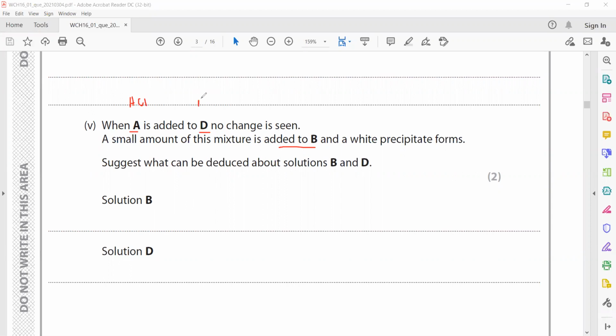But we are left with two options: either D will be barium chloride, or B will be barium chloride. When we add them, we do not observe anything, no visible change. But when a small quantity of this mixture is added to B, a precipitate forms. So what can be deduced about solutions B and D?